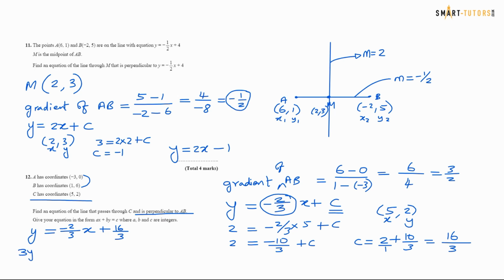So 3y equals minus 2x plus 16, and minus 2x comes to the other side. So 2x plus 3y equals 16. So that is the format of the equation. Now A, B, C: so A is 2 and B is 3 and C is 16.